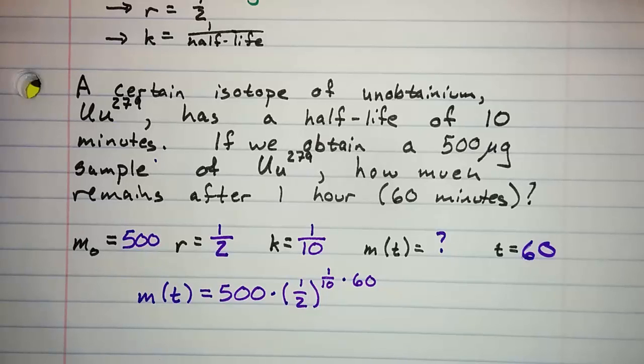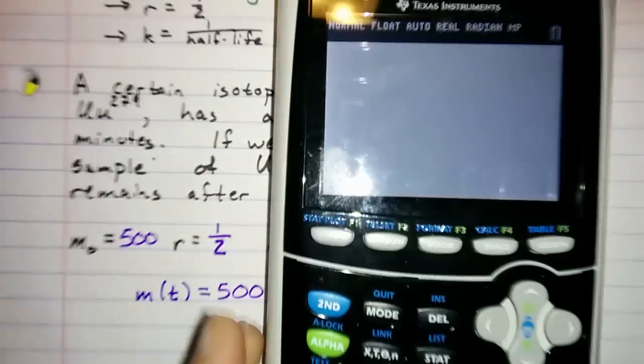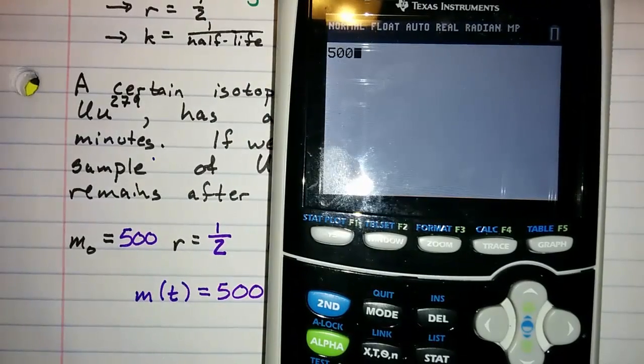That's pretty easy to work out, though. Right, we don't need to do any algebra to solve this. Just put this whole thing into our calculator. 500 times 1/2 to the 1/10 times 60.